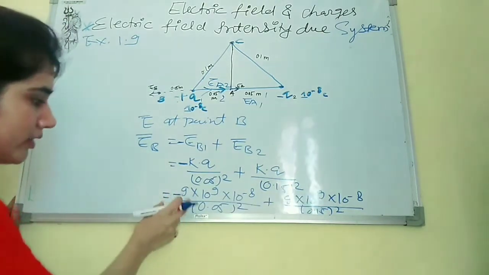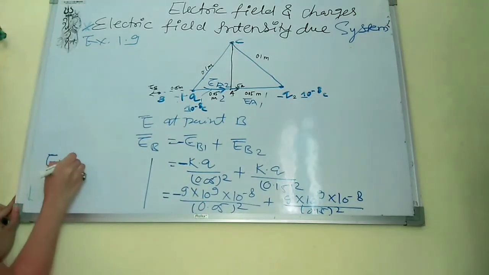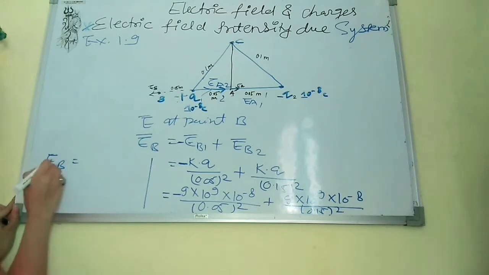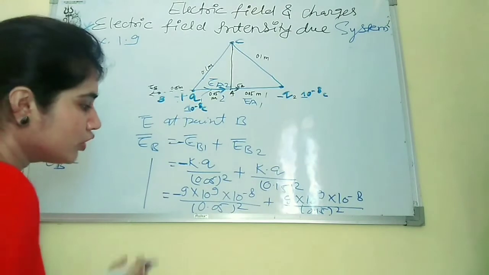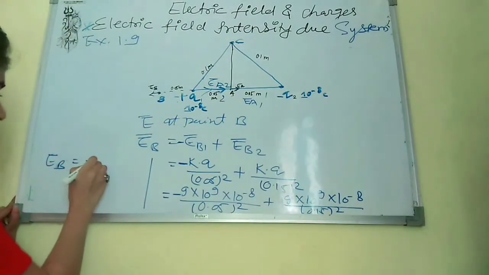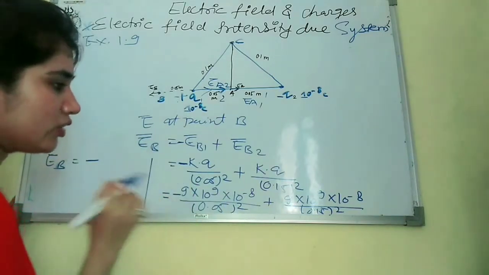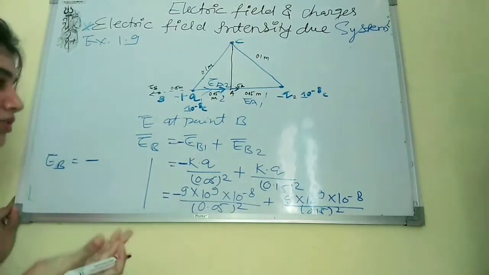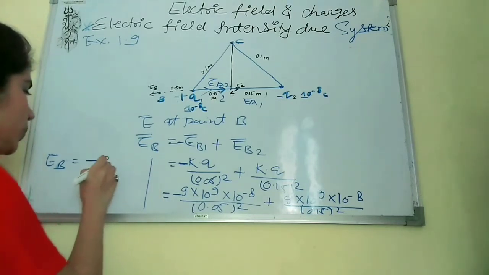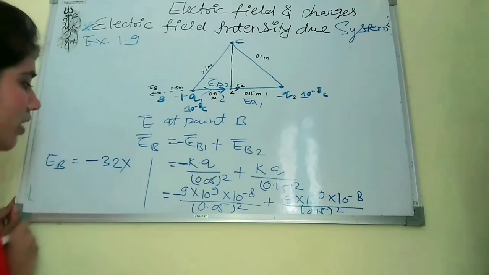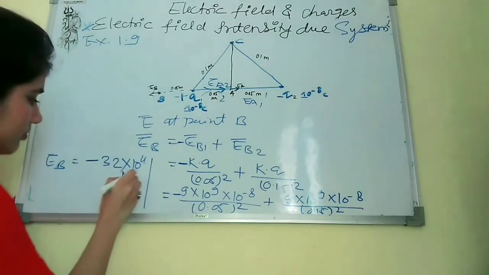So definitely the value which we will get in the answer will be in minus, because this will be a large value and this will be a small value. Further you just do the calculation by yourself. It may be somewhere around 3.2 into 10 to the power 4 Newton per coulomb.